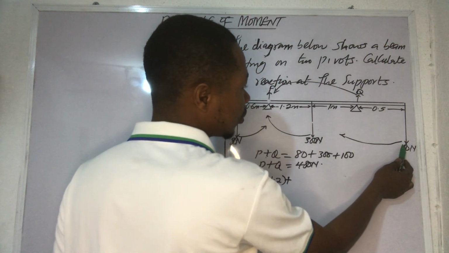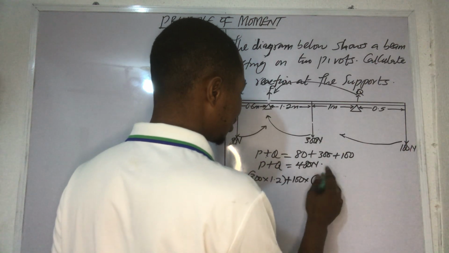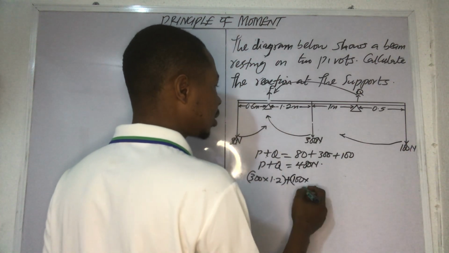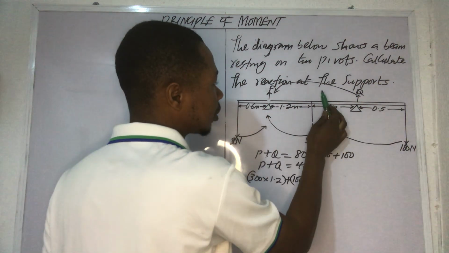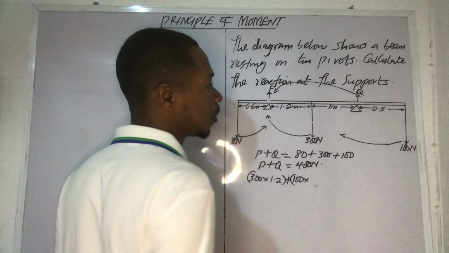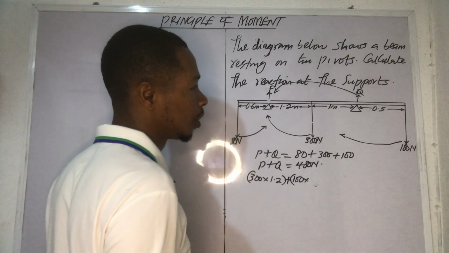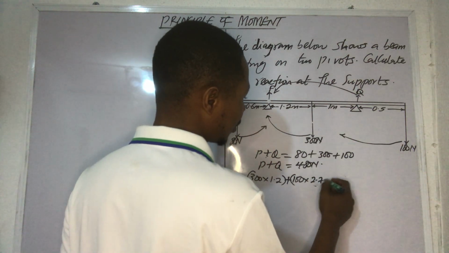That will be this 100 Newton, so 100 times the distance from the 100 to the pivot. This is 1 plus 1.2, that's 2.2, plus 0.5. That will give me 2.7. So you have times 2.7.